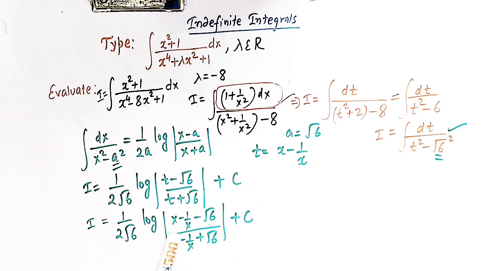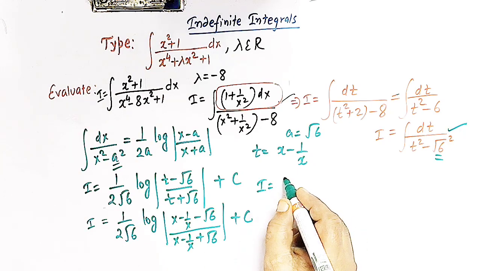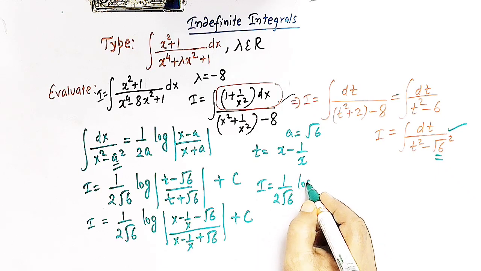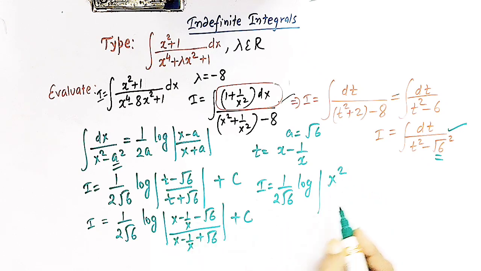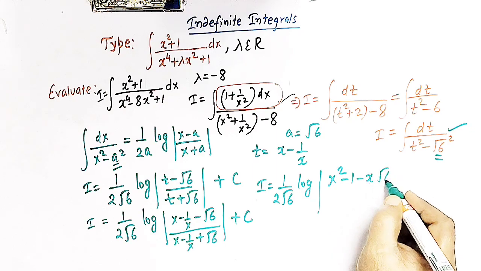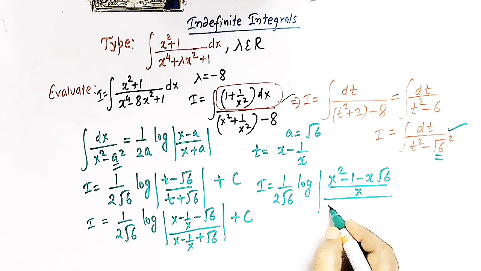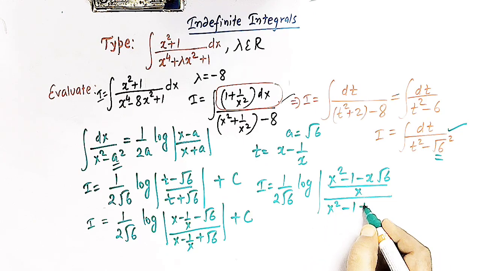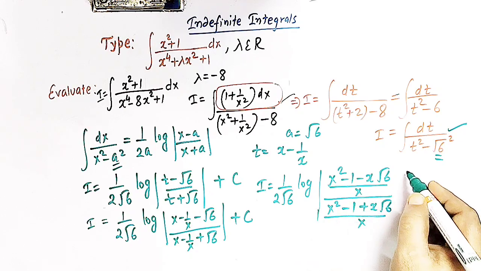Now simplifying the numerator and denominator, we can write I is equal to 1 over 2 times square root of 6 times log of x square minus 1 minus x root 6 divided by x, over x square minus 1 plus x root 6 over x, right?